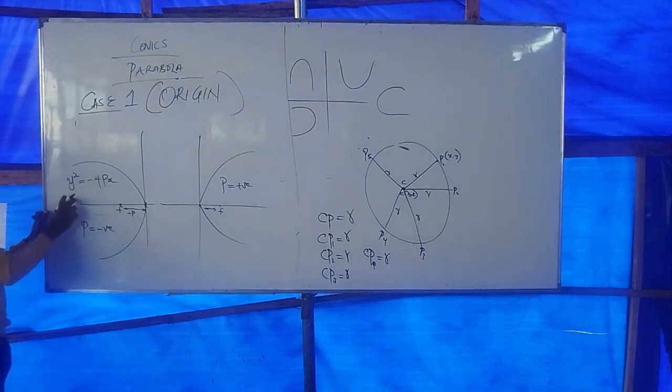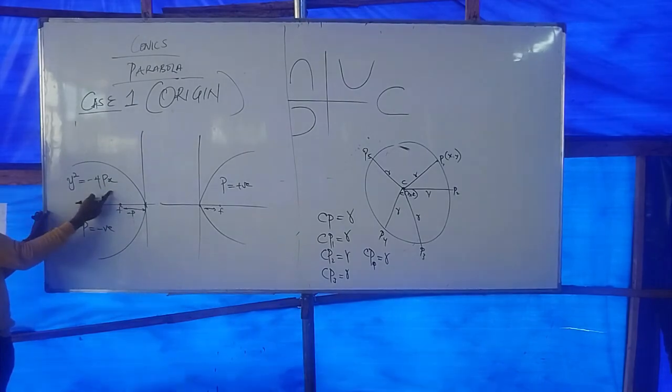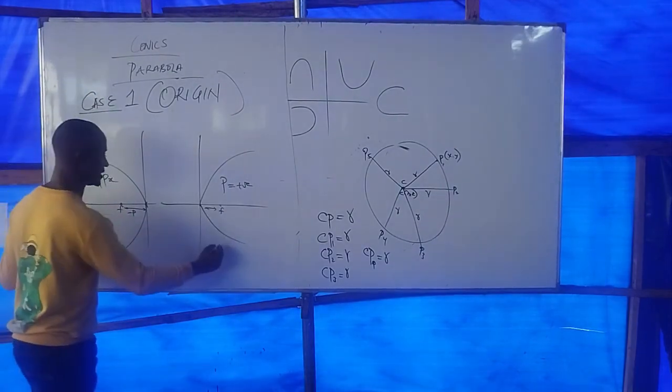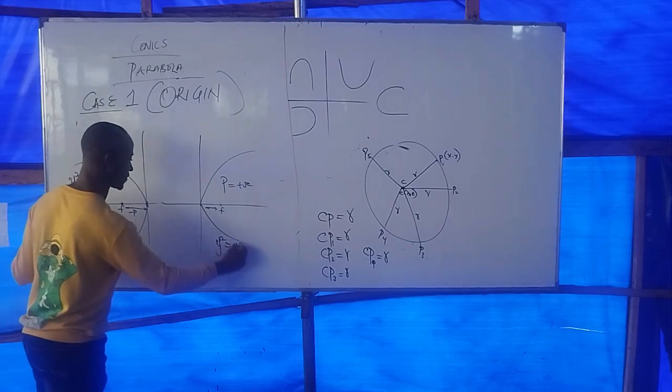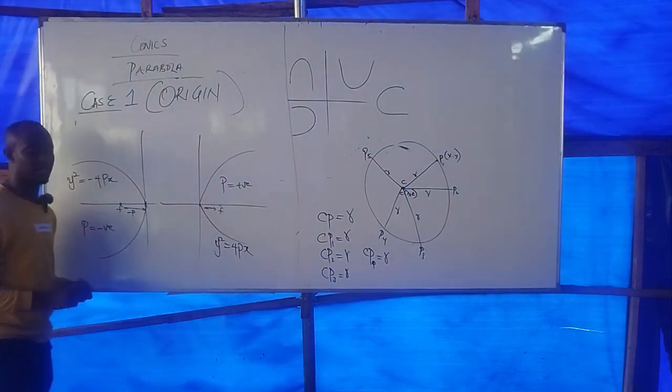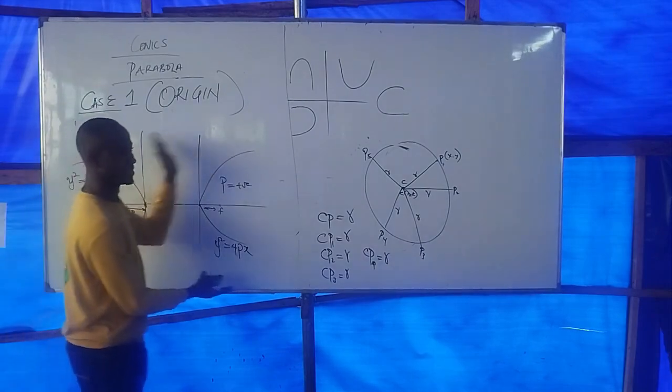So the formula for this is y squared equals 4px, because the parabola is enclosing the positive x-axis.